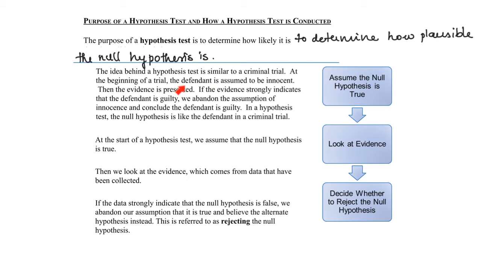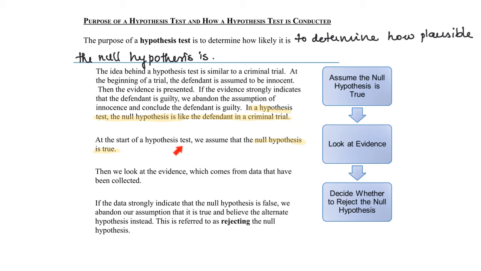At the beginning of the trial, the defendant is assumed to be innocent. Then the evidence is presented. If the evidence strongly indicates that the defendant is guilty, we abandon the assumption of innocence and conclude that the defendant is guilty.